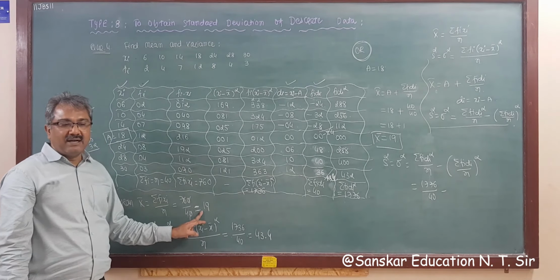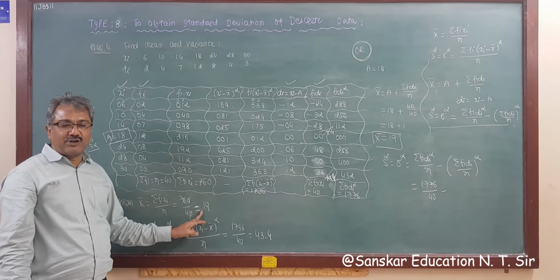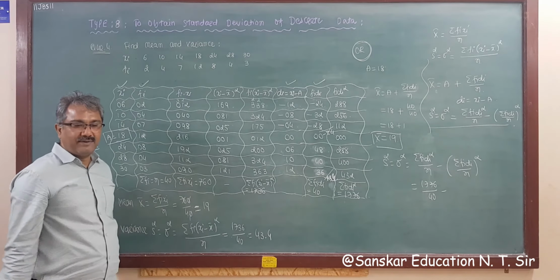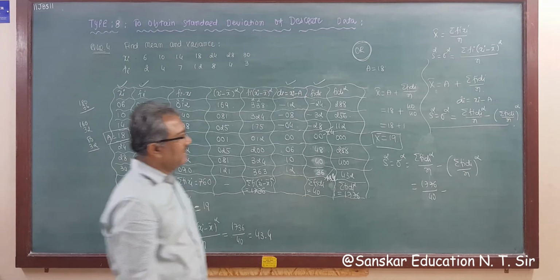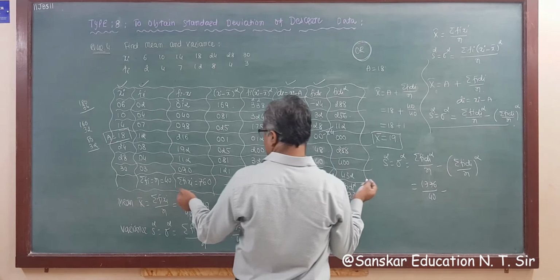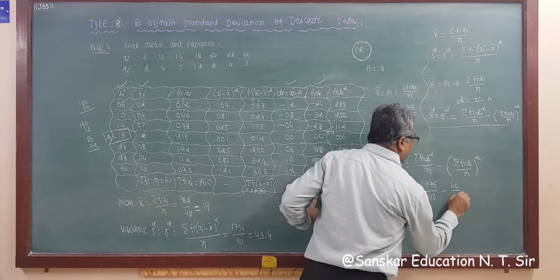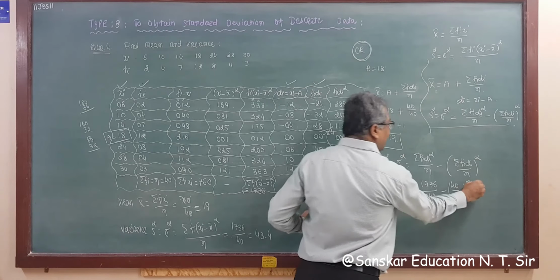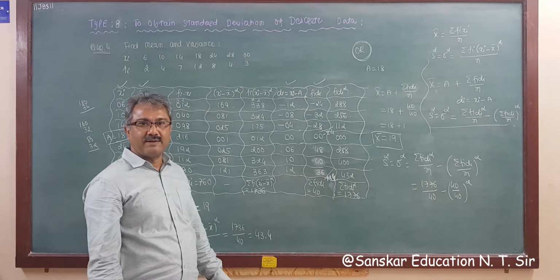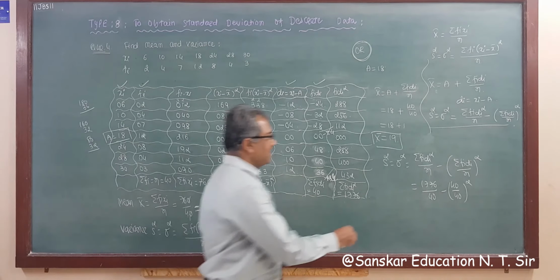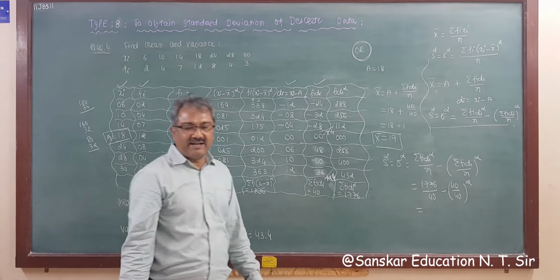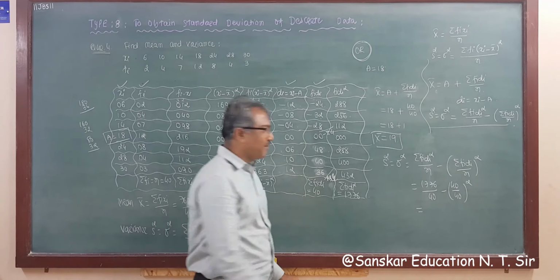Or sigma Fi di is 40 divided by 40 whole square, right? So 1776 divided by 40 is 44.4.